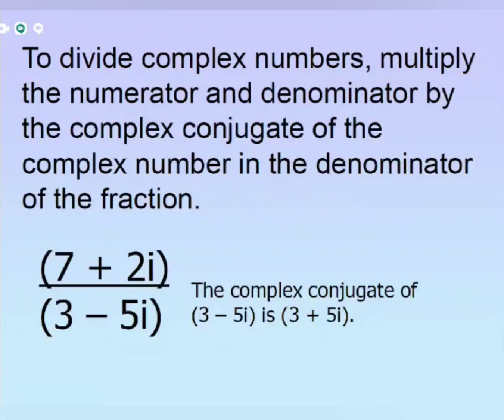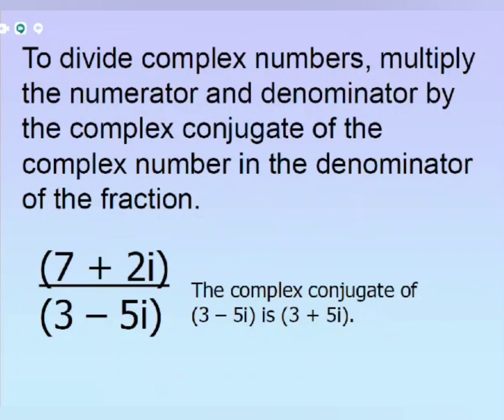To divide complex numbers, multiply the numerator and denominator by the complex conjugate of the complex number in the denominator of the fraction. (7 plus 2i) divided by (3 minus 5i). Taking the conjugate of 3 minus 5i, we have the conjugate of 3 minus 5i is 3 plus 5i.